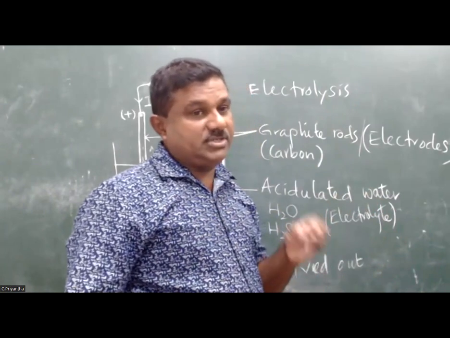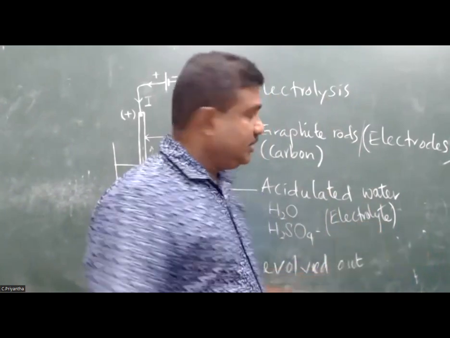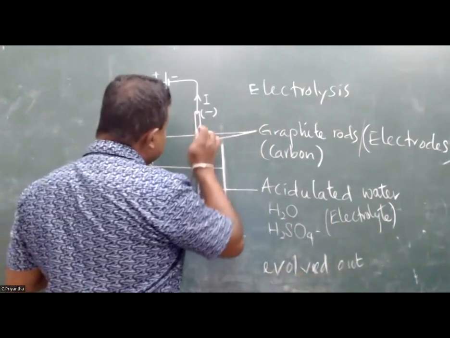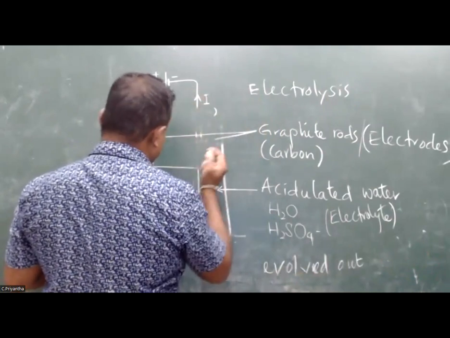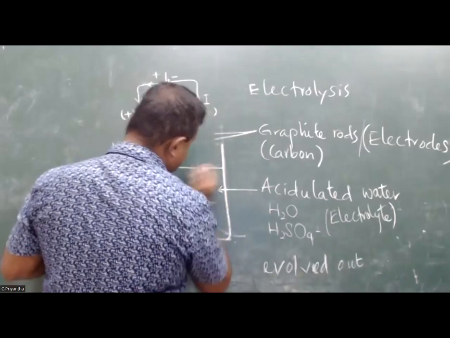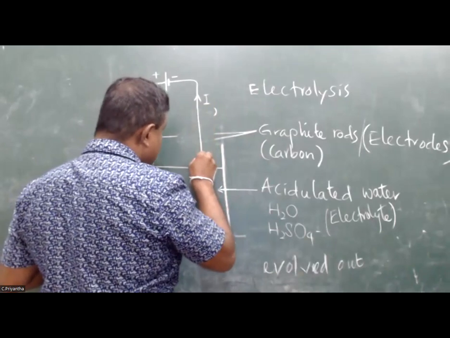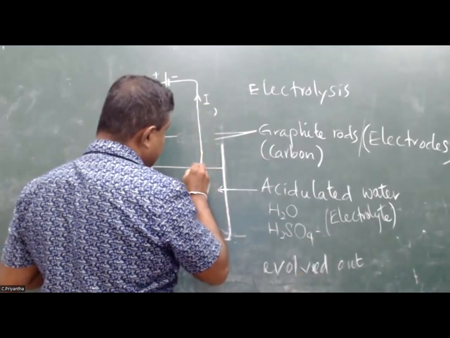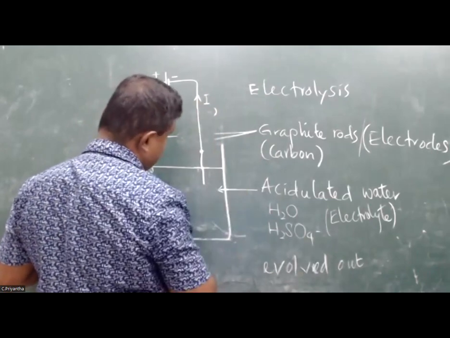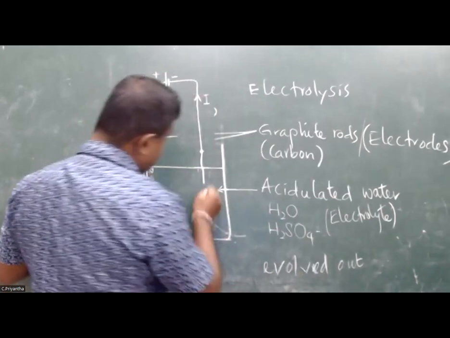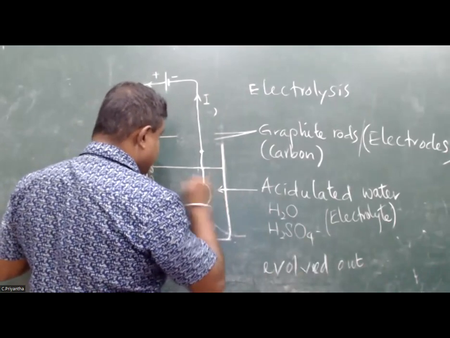Non-metals are negative. Here is the terminal which is connected to the negative plate. It is connected to the negative end. To the negative end, we connect the article to be plated.